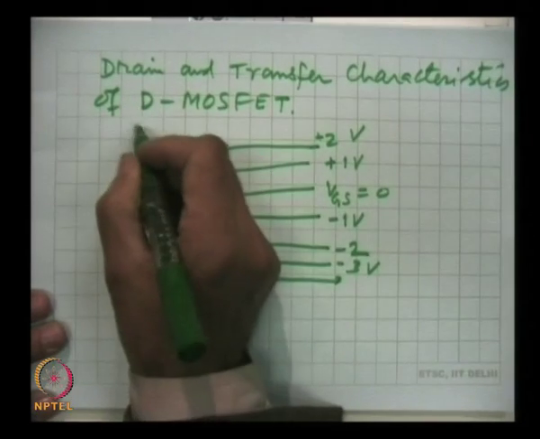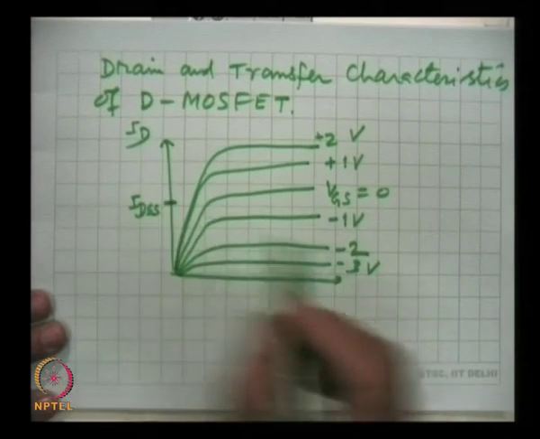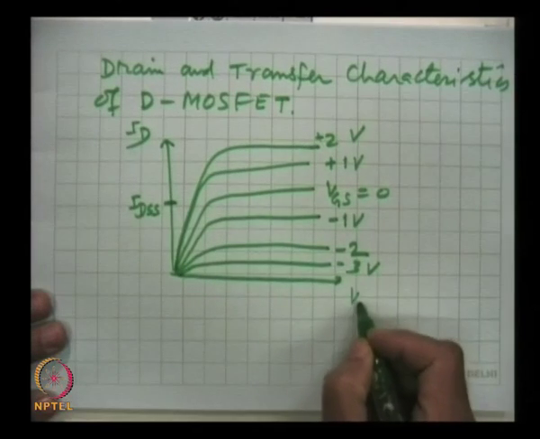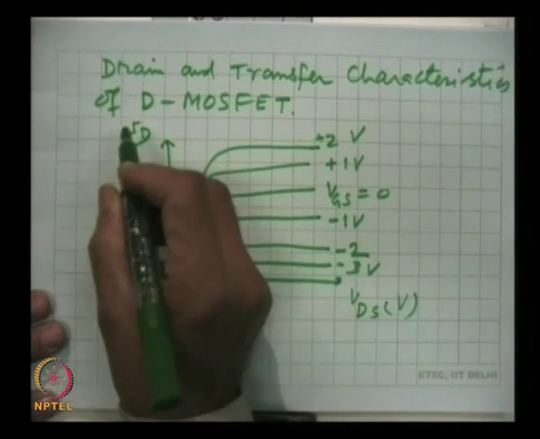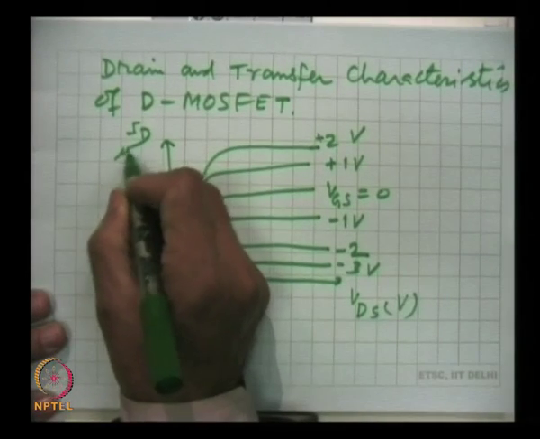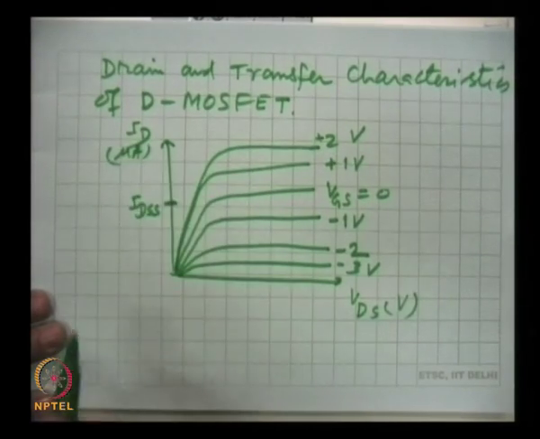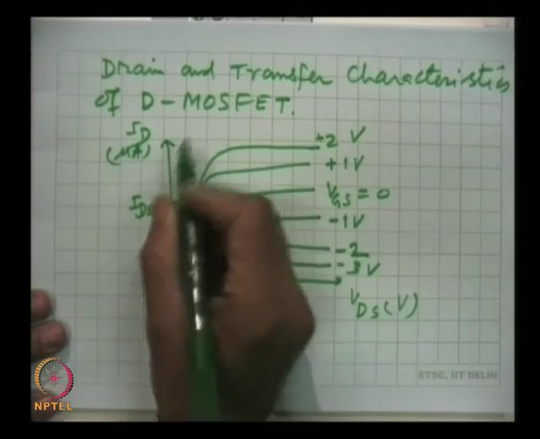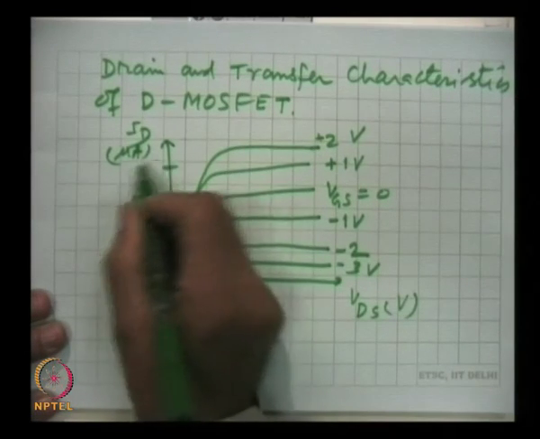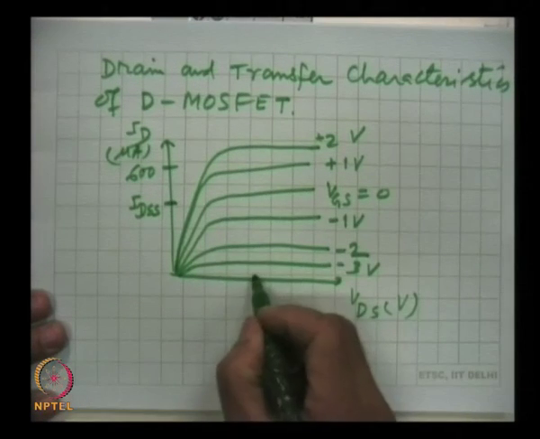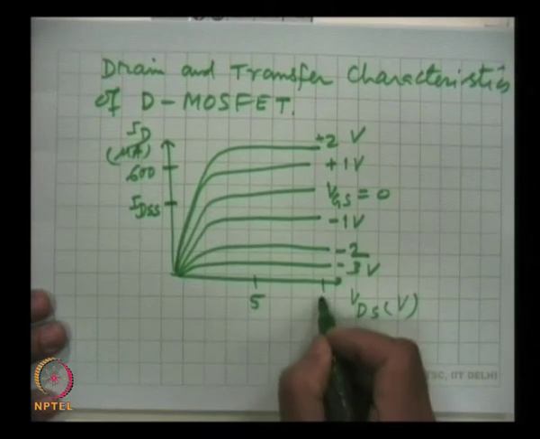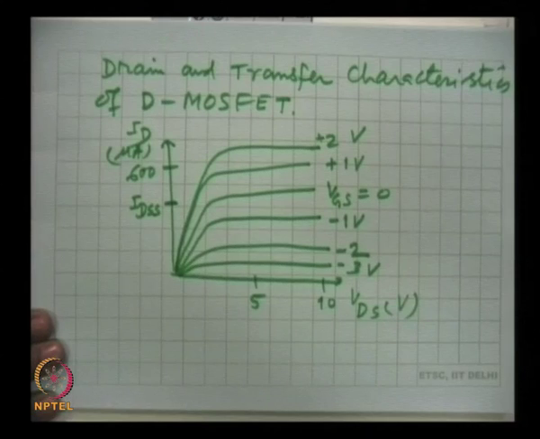So, this is drain current and this is VDS, in volts, and this is in microamperes or milliamperes, and this may be, for example, somewhere here for a particular device 600 microampere, this may be 5 volts, 10 volts and so on. So, these are the characteristics.